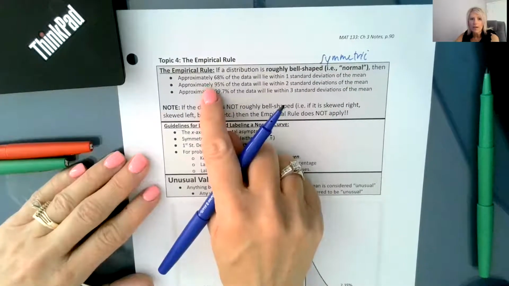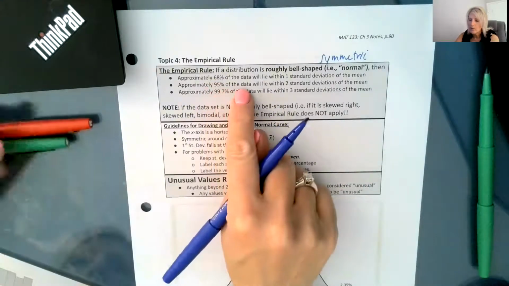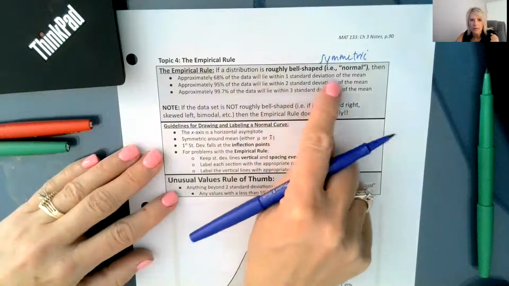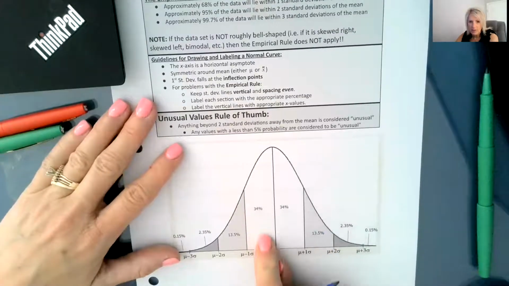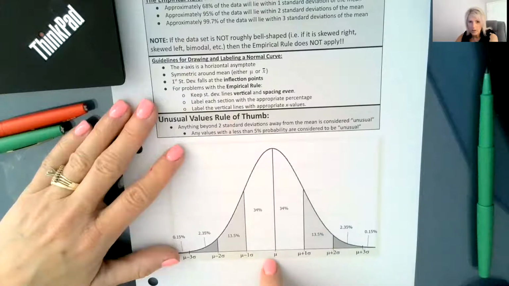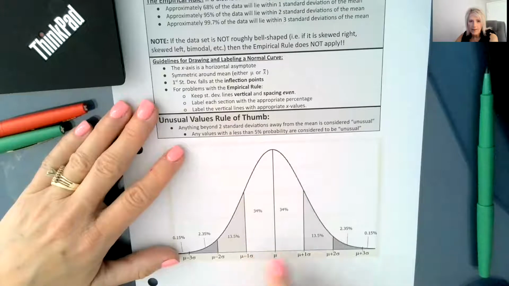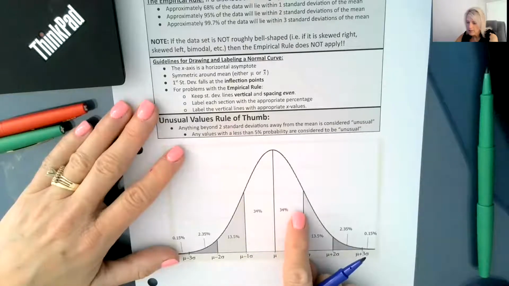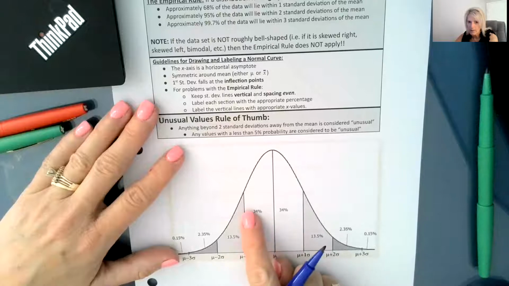The rule of thumb says that approximately 68% of the data will fall within 1 standard deviation of the mean. Down here in the picture, you can see that 34% could fall below the mean by 1 standard deviation, and 34% could fall above the mean by 1 standard deviation. If you add those two together, we get the 68%.